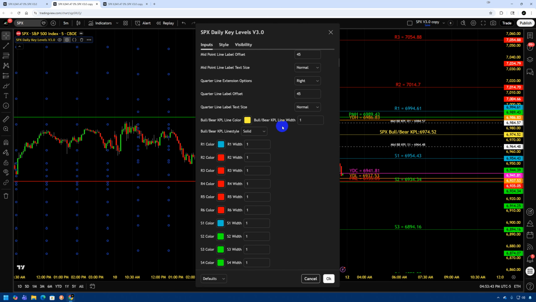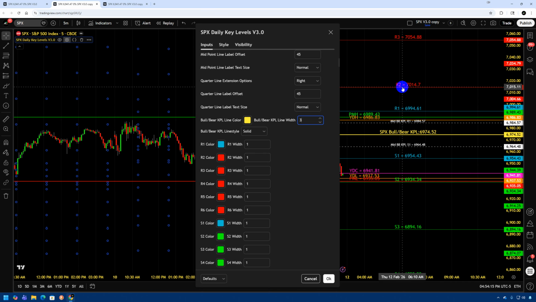The bull bear key price level, let's change that to make it thicker. Now, if there are other important levels that you'd like to highlight, I would suggest that you change the color, or change the line width, or change the line style of the particular ones that you want to highlight, to make it easier to discern which ones they are.